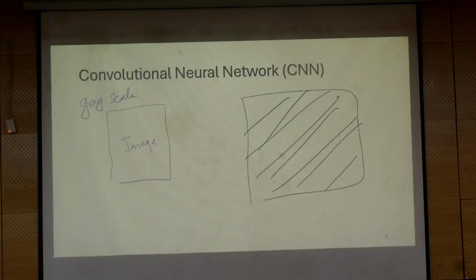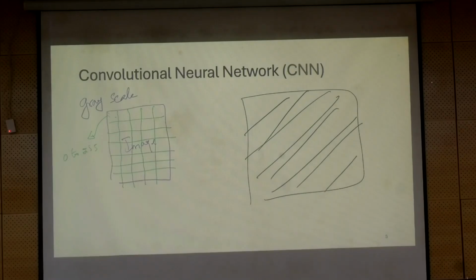But what I want you to be aware of is when we are talking about grayscale image, we can divide this into pixels, right? So any image can have multiple pixels. Each square is considered as a pixel, let's say. So pixel will be a value between, if it's an 8-bit pixel, 0 to 255, depending upon the image intensity, whether it's too dark or too light, in a grayscale image.